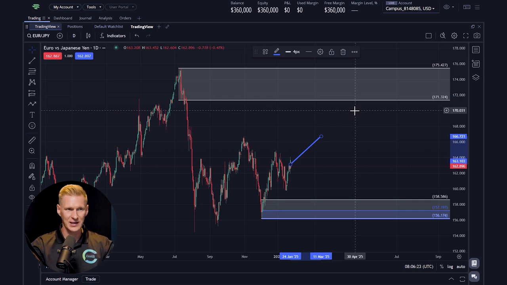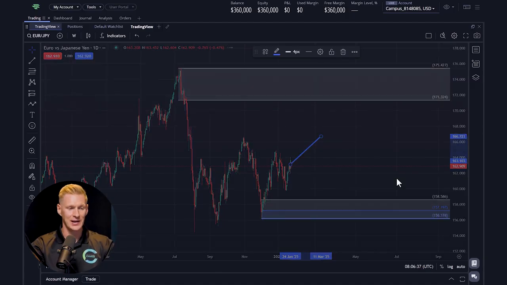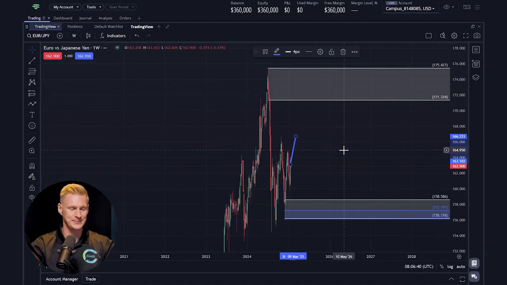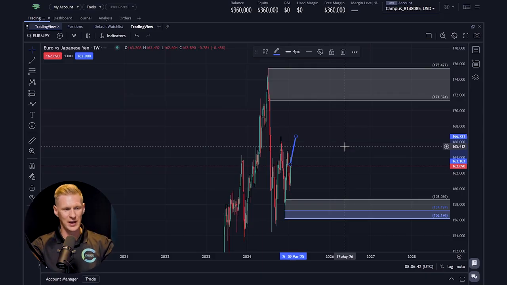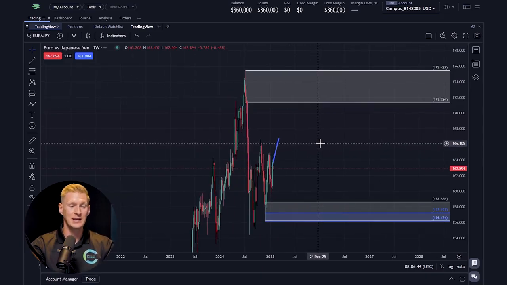If we are located in equilibrium, guys, that is never the best idea, okay? That's definitely not the best idea to trade if the price is located in the equilibrium area. Of course, you can do that, but as a beginner trader, please avoid these setups.